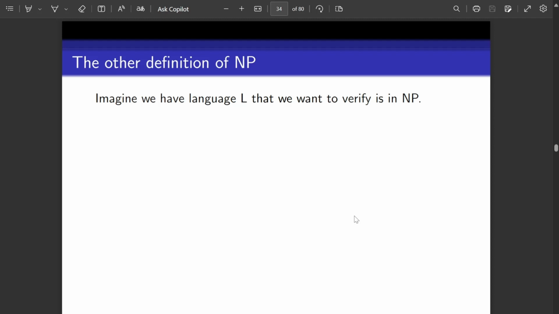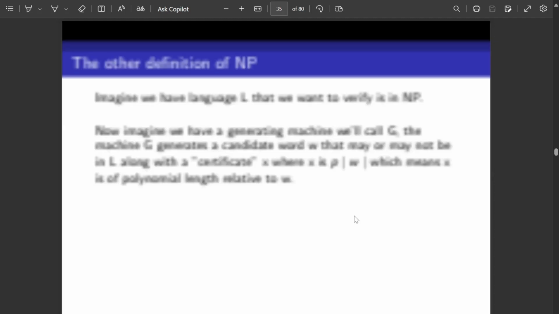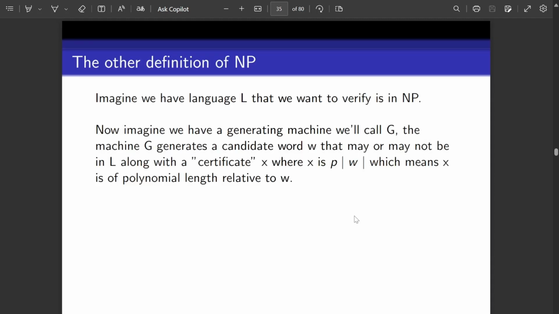So imagine we have the language L and we want to verify that it's in NP. Imagine now we have a generating machine we'll call G. The machine G generates a candidate word W that may or may not be in L, along with its certificate X, where X is polynomially bounded by W, which means that relative to the size of W, X is a polynomial.